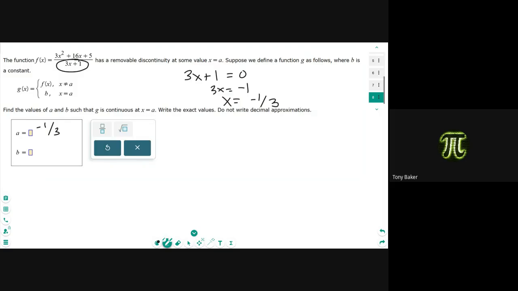All right, so if we're saying that's a removable discontinuity, I need to be able to simplify this problem down to find b. So now I've got to find the limit as x goes to negative 1/3 of 3x squared plus 16x plus 5 over 3x plus 1.